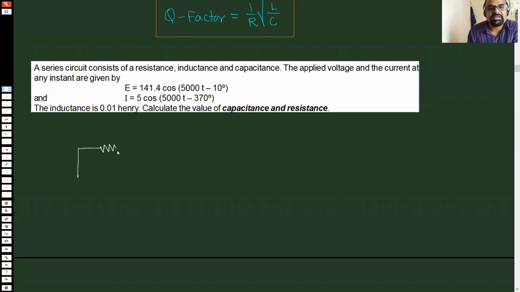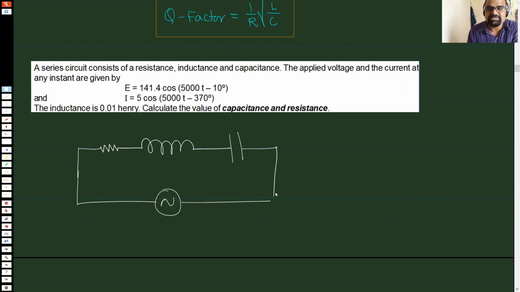Let me draw the LCR circuit. Even though the diagram is not important in this case, seriously, I will still draw it. So this is the source voltage. The inductance is given to be 0.01 Henry. Capacitance is how much? And resistance is how much? We have to find.